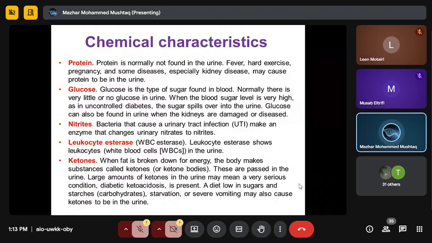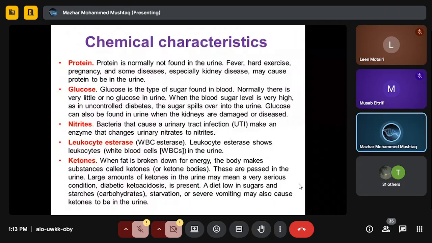Heavy exercise is normally not a disease, but if you do it intensively, protein can come in the urine, and that does not mean the patient has some sort of disease. But you have to take the history of the patient to confirm whether the sample was given after exercise, or maybe he had a spike of fever for about one or two days, then protein can be present. So you have to correlate the history with the lab result.